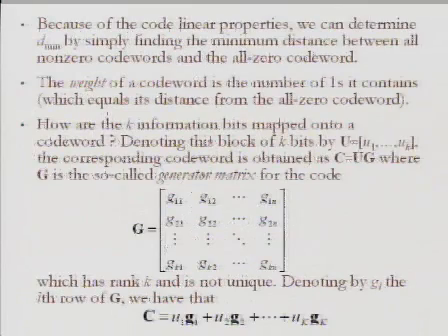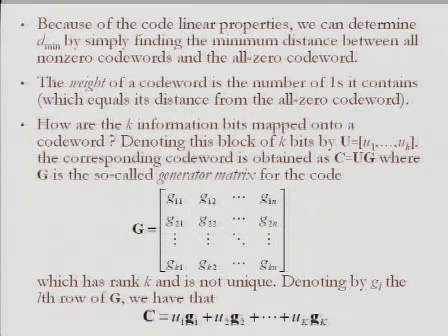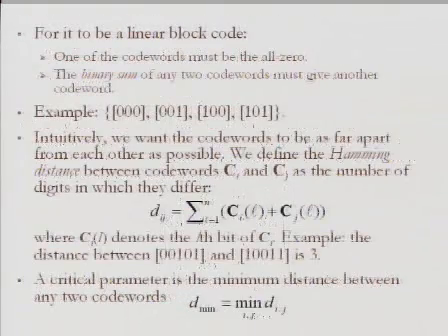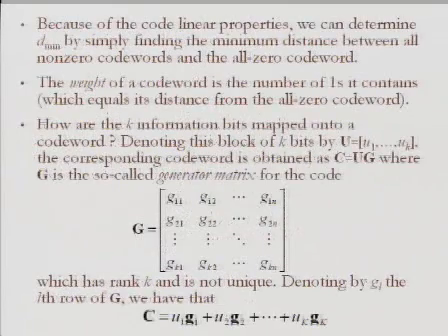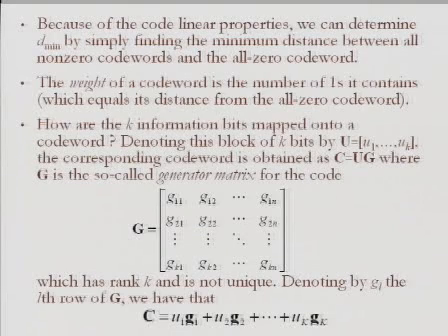Once you find the minimum distance between the all 0 code word and any other code word, that is sure to be the minimum distance of the code. That's a consequence of the fact that the code is linear. So as long as you're meeting these conditions for linearity, this is always true. It's a very nice way because it simplifies very much the task of finding the minimum distance.